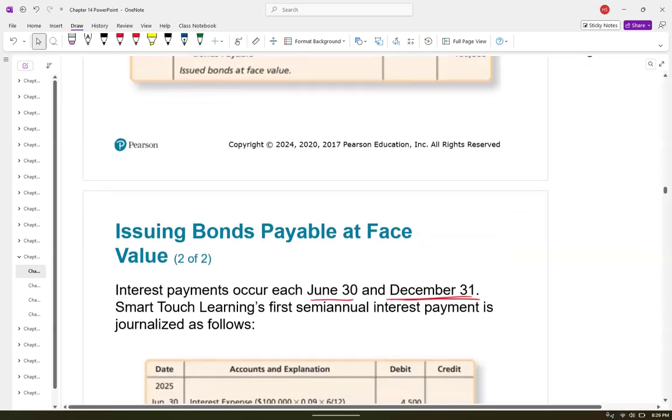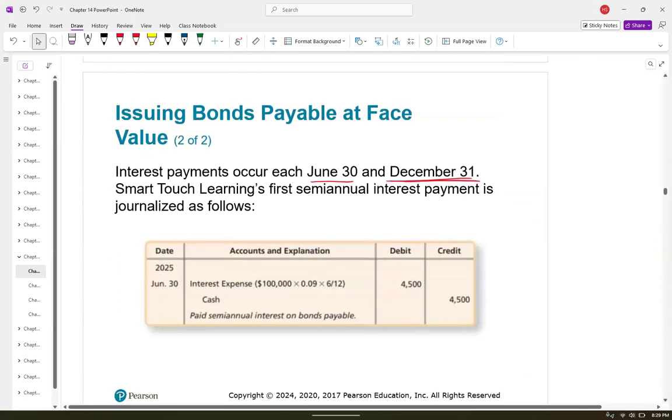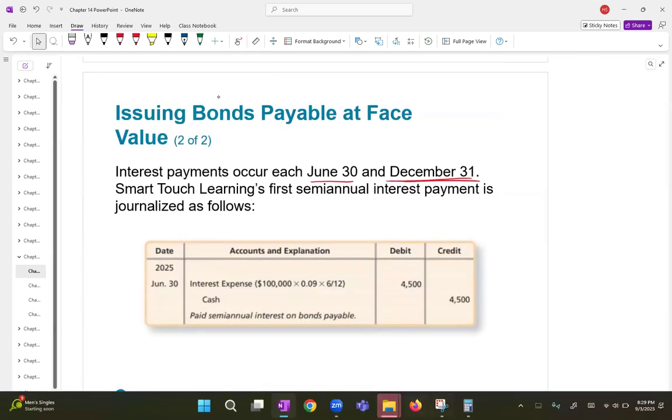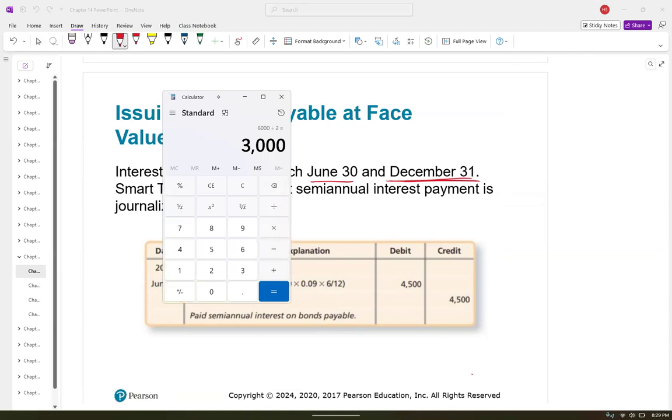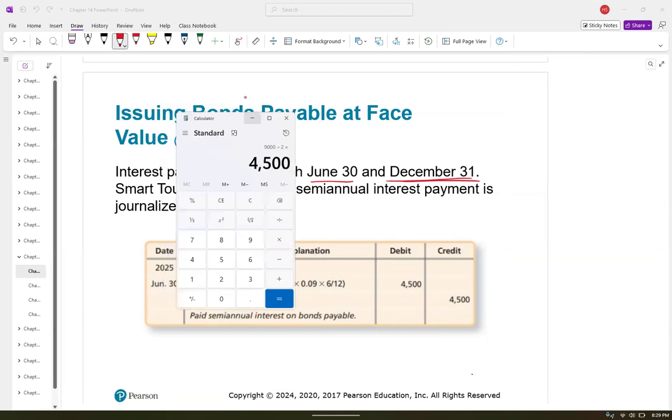Okay, so I didn't do that right, did I? I think I put 6 in, didn't I? Yep. So let's do that again. 9 divided by 2. Okay, gives us 4,500.